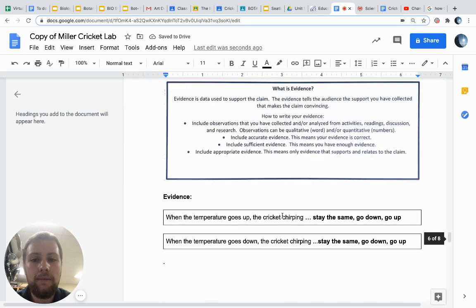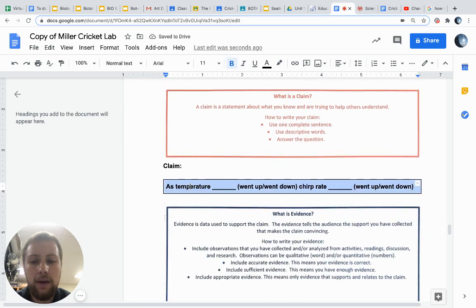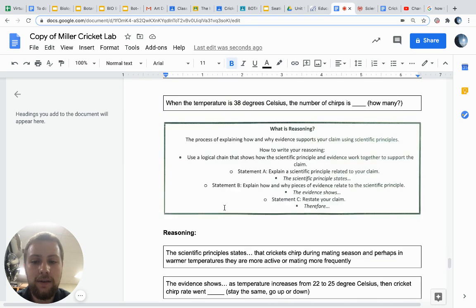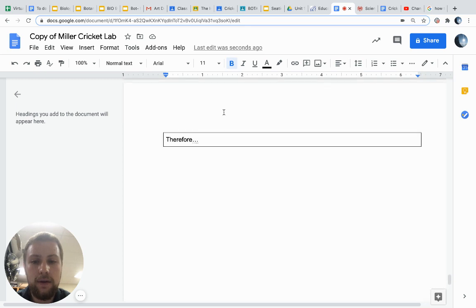Your claim is up here, so you'll restate that. Therefore, as temperature does what? Chirp rate does what?